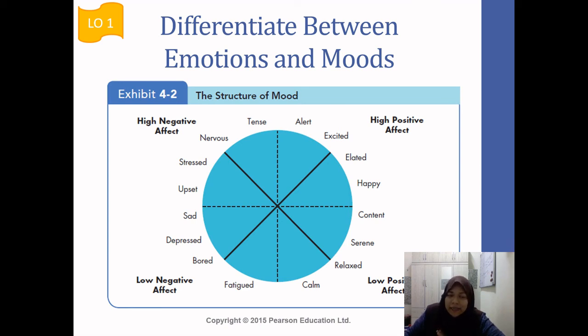Kalau negatif dia rendah, you akan rasa depressed, boring. Tapi kalau rasa high negative affect, you akan rasa anxious, nervous, you akan stress, you akan rasa nak nangis. Itu dia. So this is the structure of mood, compared to tadi adalah spectrum of emotions. Okay, baik.